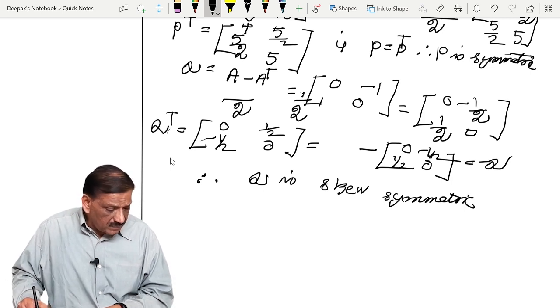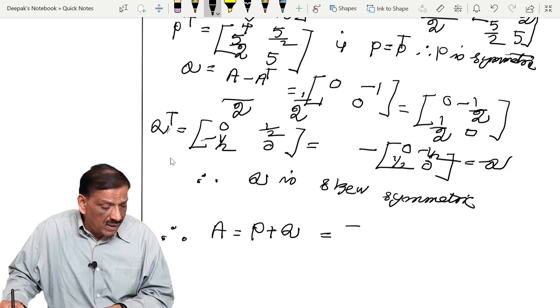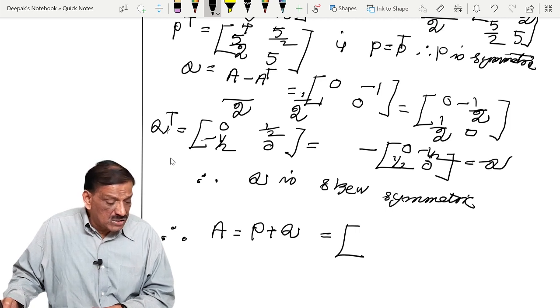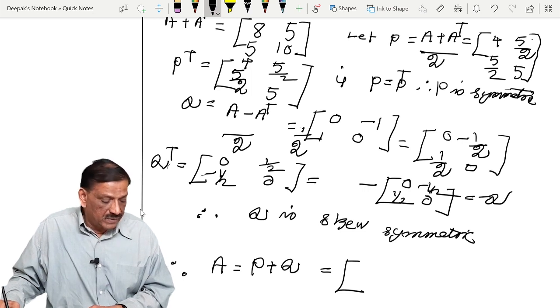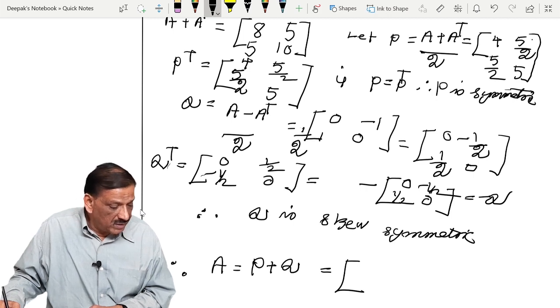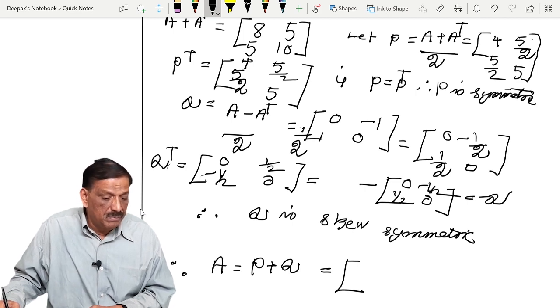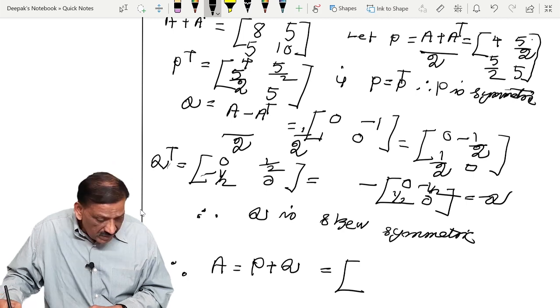Therefore, A equal P plus Q. We know P is equal to 4, 5 by 2, 5 by 2, 5. Then Q is equal to 0, minus 1 by 2, 1 by 2, 0. So P plus Q is equal to 4 plus 0, that is 4.